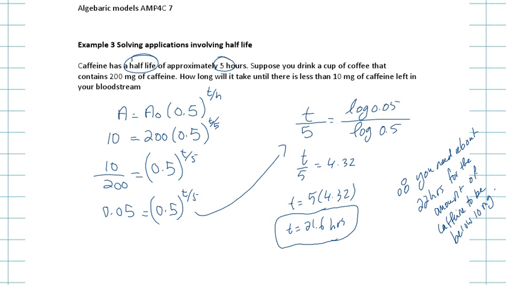This part did not change. Does it make sense? Now, why did I ask this question? I want you to understand that T and H have to have the same unit. If H is in hours, then T has to be in hours. If H is in days, then T has to be in days. Are we okay with that?